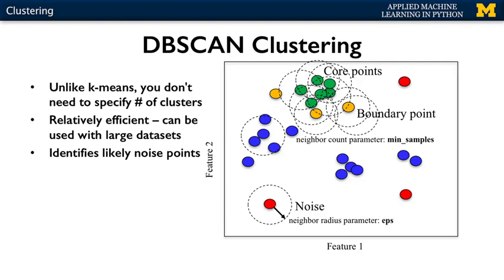Then, all core samples that are within a distance of eps units apart are put into the same cluster. In addition to points being categorized as core samples, points that don't end up belonging to any cluster are considered noise, while points that are within a distance of eps units from core points, but not core points themselves, are termed boundary points.